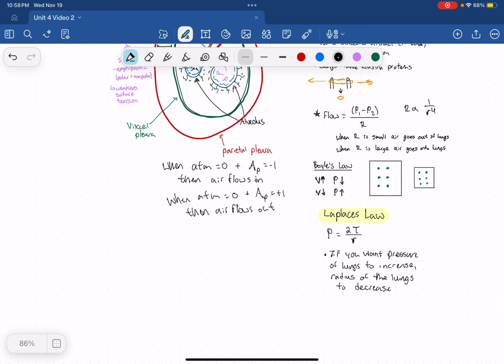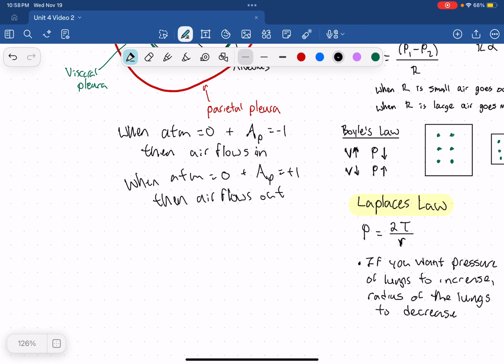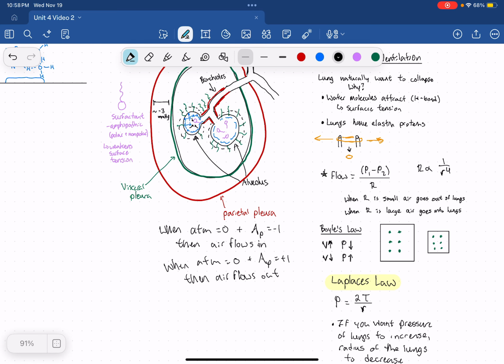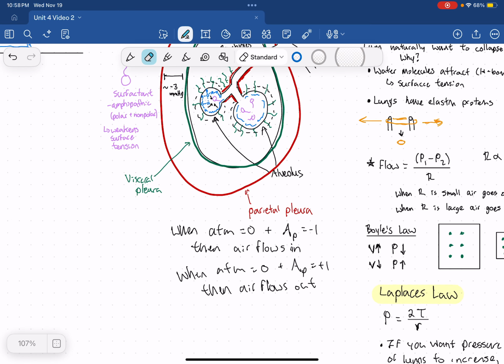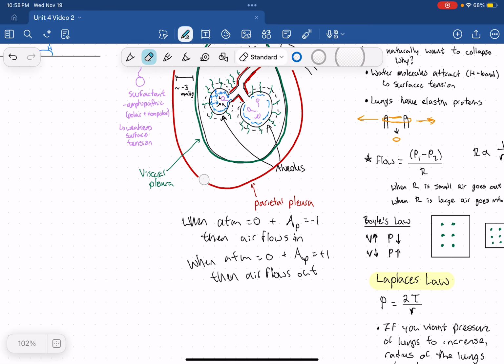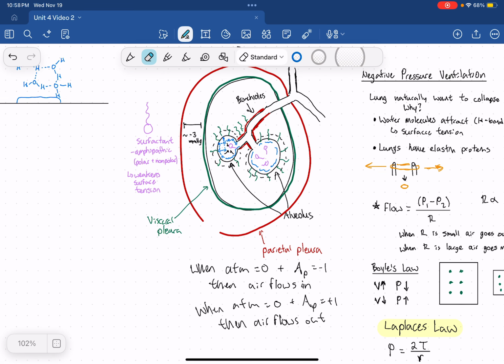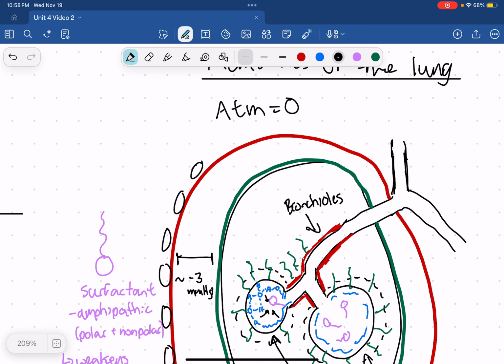So one quick thing before we move on. Let's say we have something that comes along and tears an area of this parietal pleura. In this area here, the parietal pleura of the lungs is butted up right next to the rib cage. So that's what I'm drawing right here, like little ribs, right?